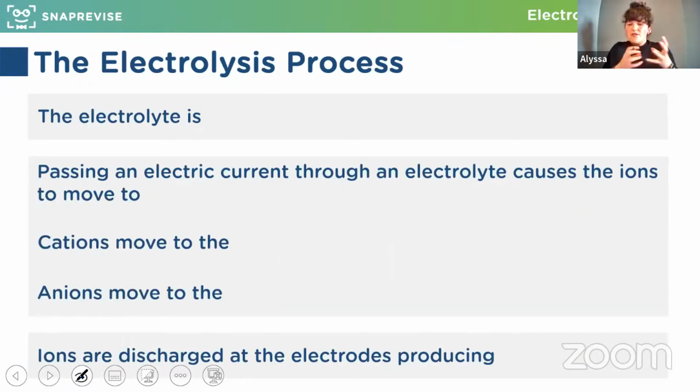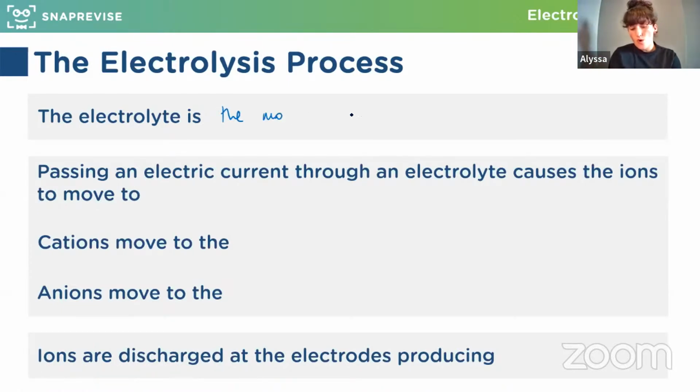So we've kind of talked through a bit of this before, but just so we've got it in writing, the electrolyte is the molten or dissolved ionic compound, the thing that we are trying to separate using electrolysis. That's what is called the electrolyte, the thing that we're trying to split up. So it's the molten or dissolved compound, depending on if we're doing just a molten substance or if we've dissolved an ionic substance and then we're trying to electrolyze that.